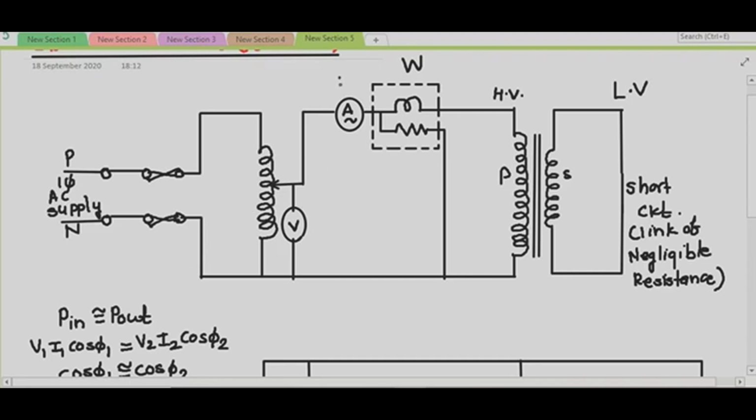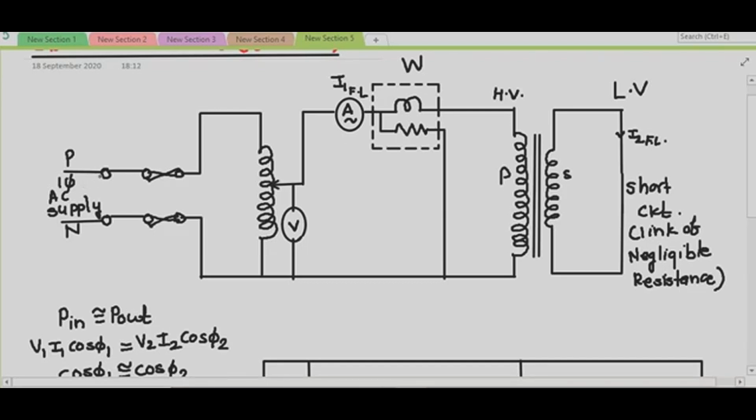So this will indicate my I1 full load and this will indicate my I2 full load. You can short circuit this secondary by means of the ammeter also, right? So students, again I will repeat what I have to do.